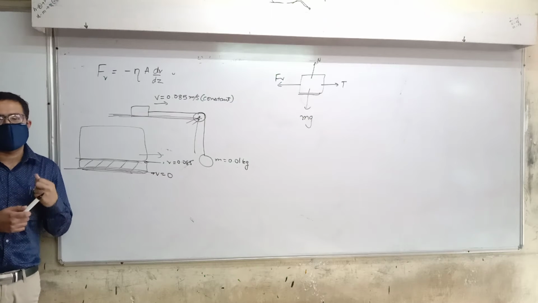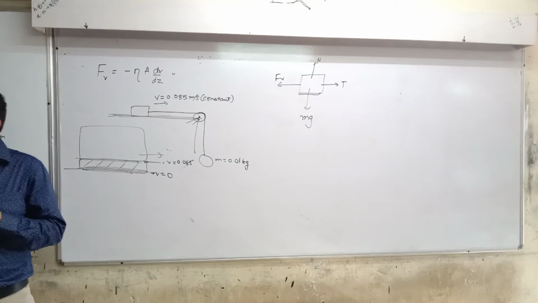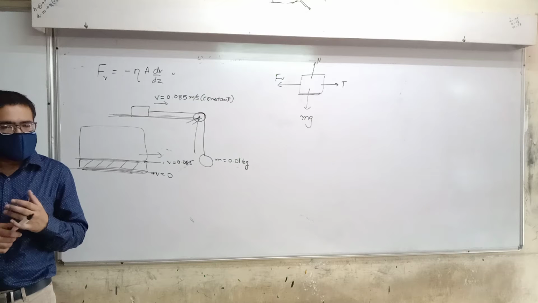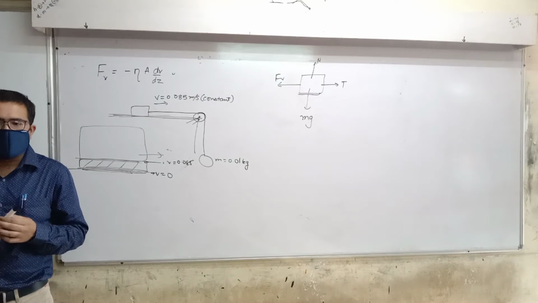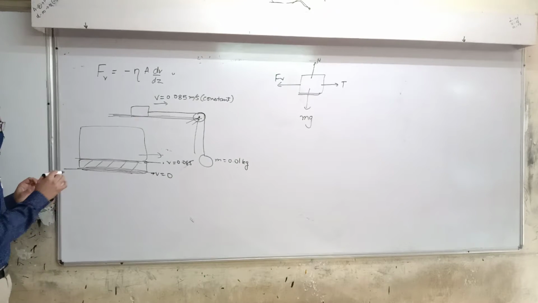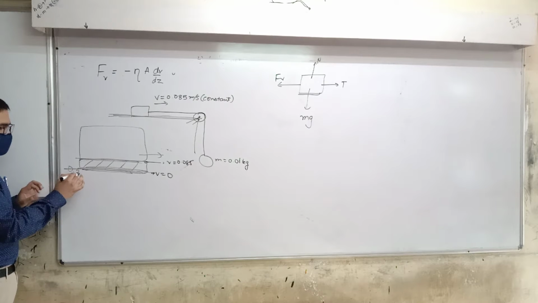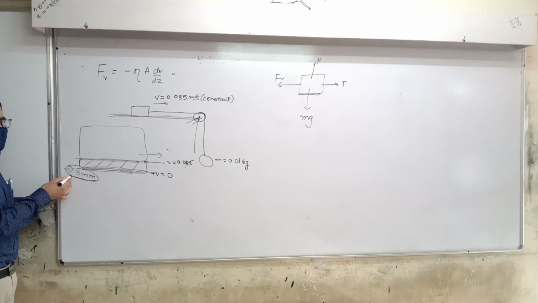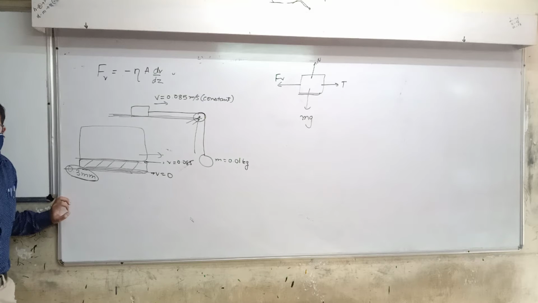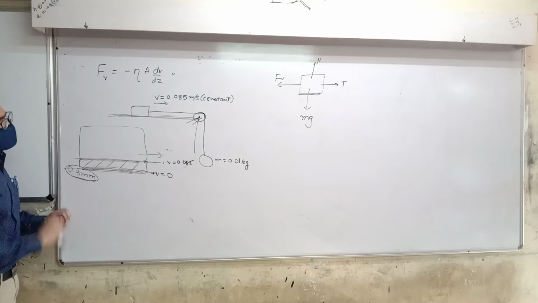If we can find it, we can even find the velocity. 0.3 mm. Is that right? That is what is given? 0.3 and 0.30 are the same, if you don't care about significant digits. So 0.3 mm is this thickness.